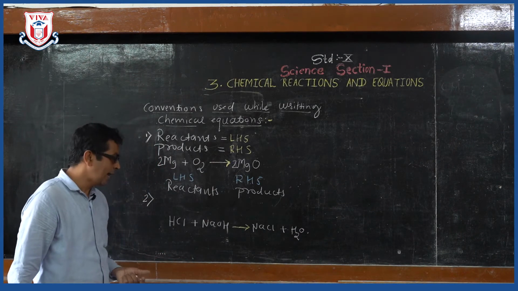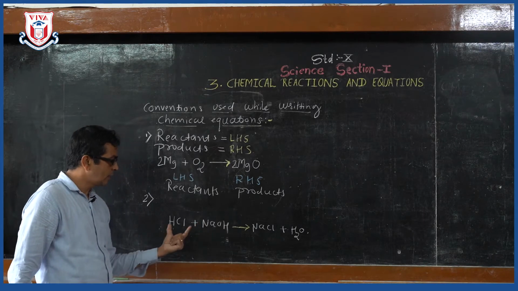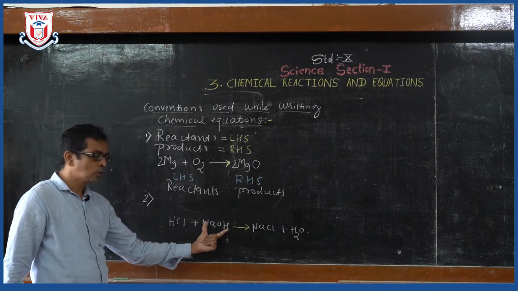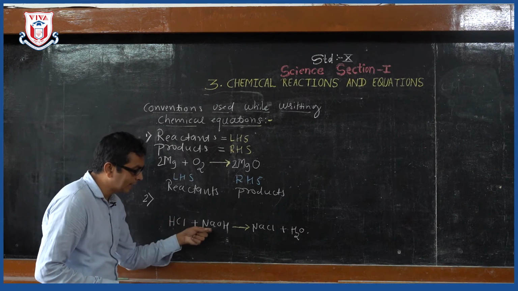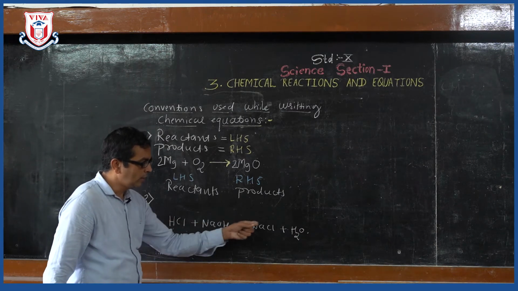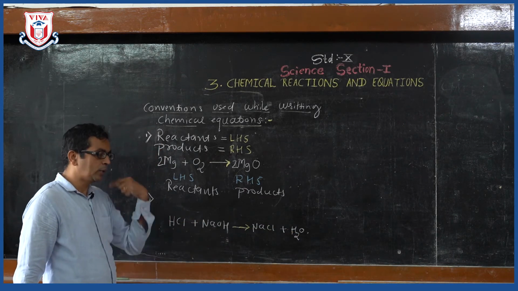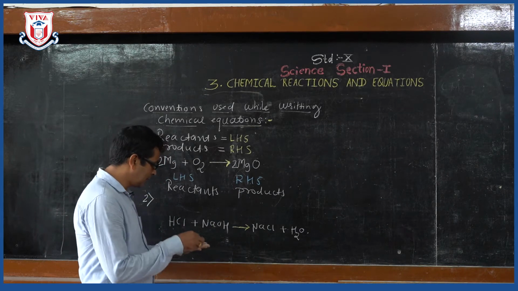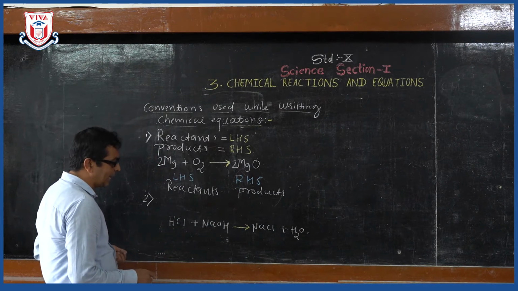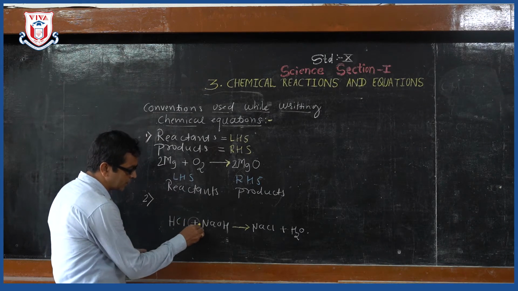So here I have hydrochloric acid and NaOH as reactants. So I have two reactants. When there are two or more than two reactants, or two or more than two products, then these reactants and products you have to separate by plus sign.